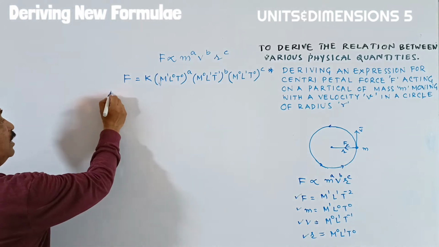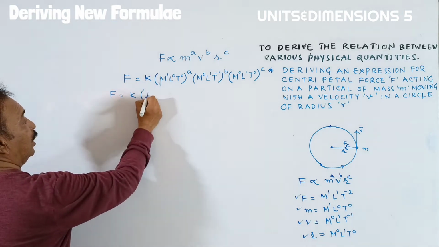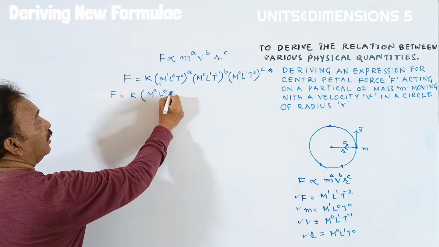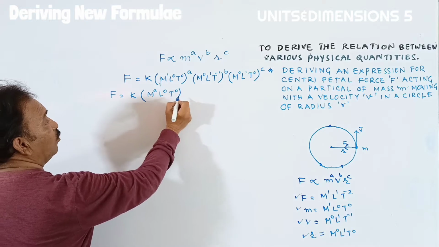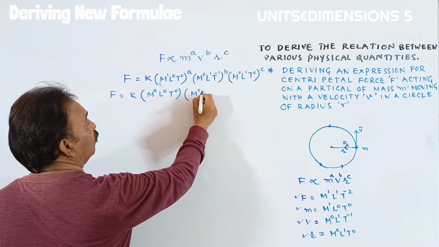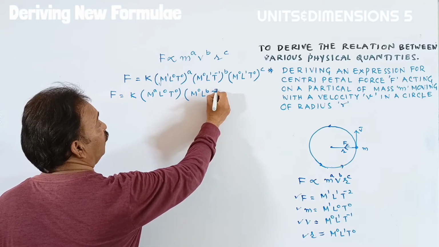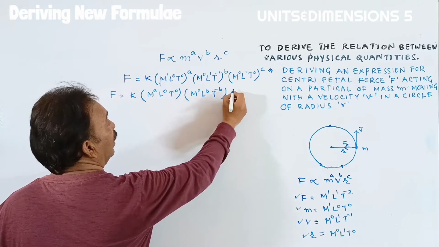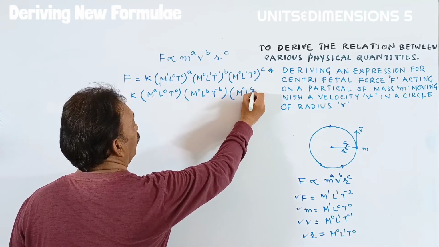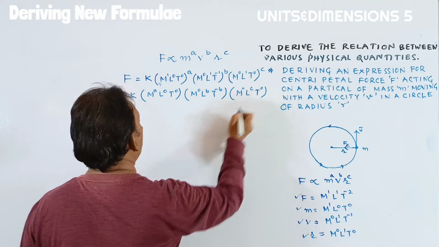Further, it can be written as F is equal to k of M to the power of a L to the power of 0 T to the power of 0 multiplied with M to the power of 0 L to the power of b T to the power of minus b. And third, M0 L to the power of c and T to the power of 0.